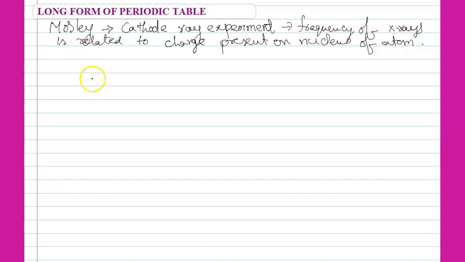So he gave a relation: square root of frequency equals A into Z minus B.